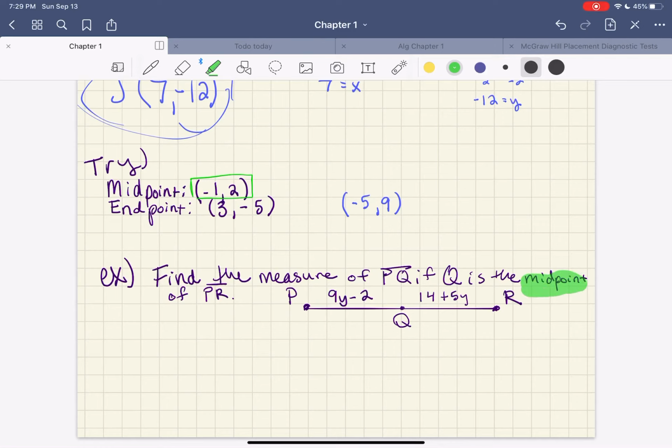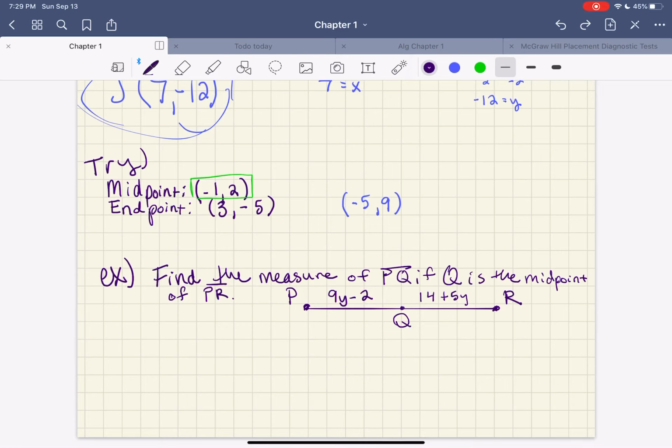When you're doing a problem like this, you're going to see midpoint, and you're going to think, they didn't give me any of the points. What am I supposed to do here? The midpoint in this case is not going to be about using the formula. It's going to be about the definition of the midpoint. So we defined the midpoint as exactly halfway between P and R in this case.